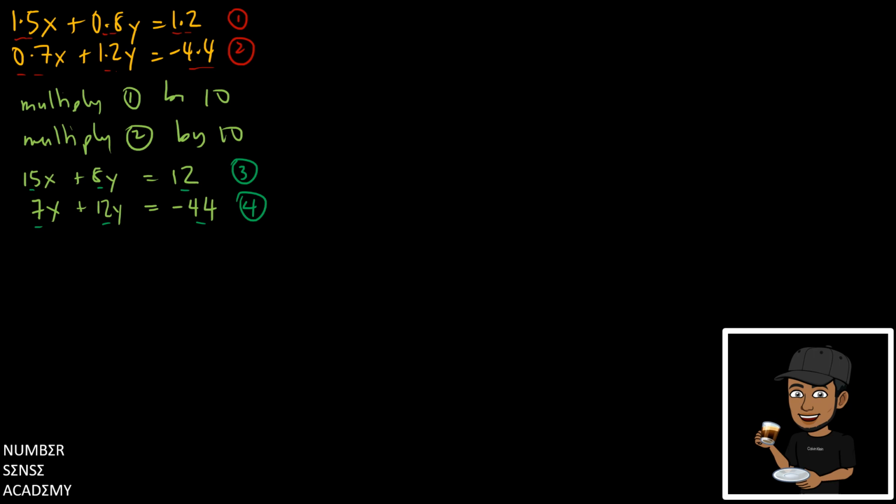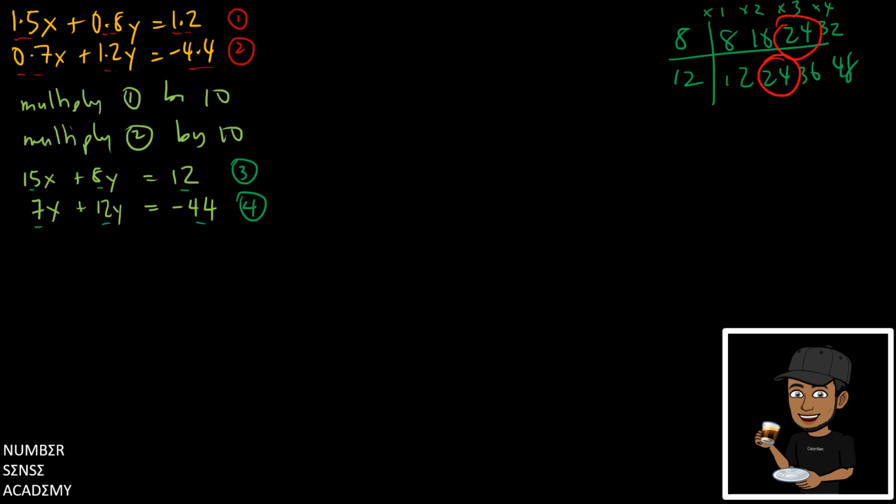However, if I look at 8y and 12y, right away I know that they have a common multiple. If I multiply 8 times 1, I get 8, times 2, I get 16, times 3, I get 24, times 4, I get 32. 12 times 1 is 12, 12 times 2 is 24, 12 times 3 is 36, 12 times 4 is 48. Wait a minute, 24 and 24. That works.